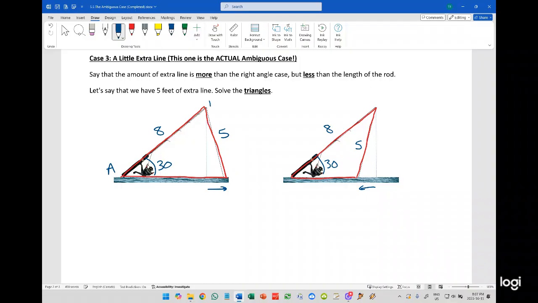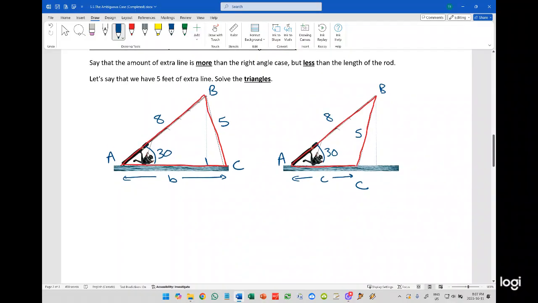I'll call this A, B, and C, and that would make the unknown side B. Over here, I'll do the same thing, A, B, and C, and this would make this side length B. Sorry, I don't know why I called that C. That should be B. These should have the same letters, just two different versions. Here, B is this distance, so it's the straight down version plus a little bit, and here B is the shorter distance. It's the straight down minus a little bit. It's coming backwards towards us.